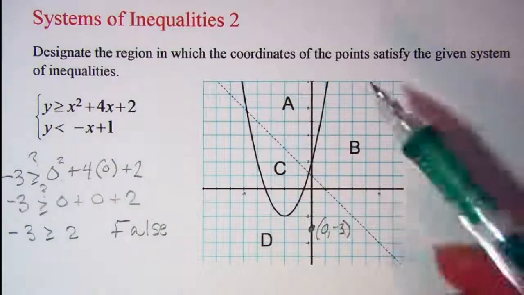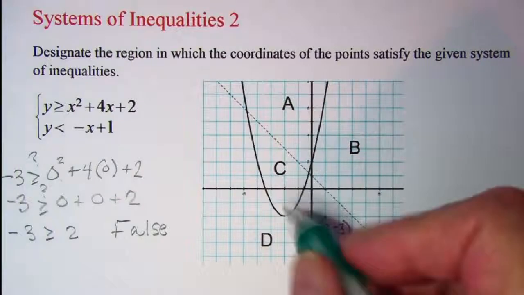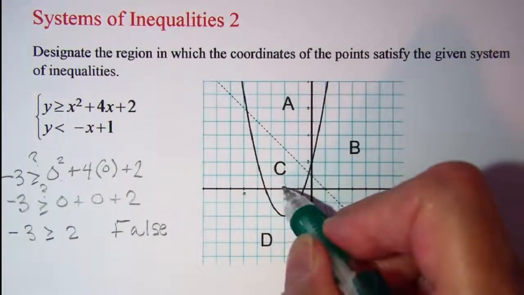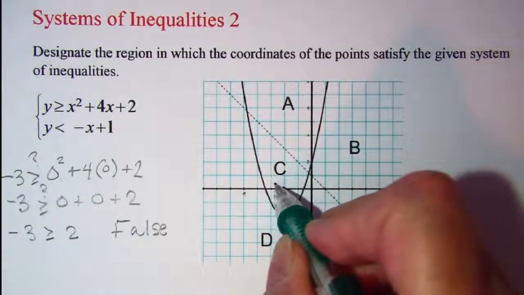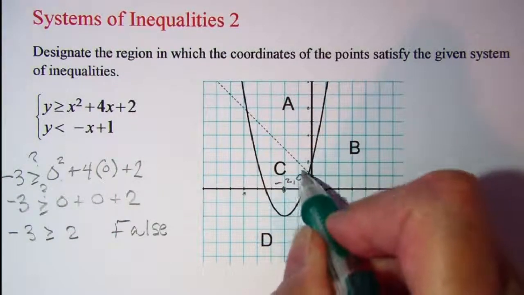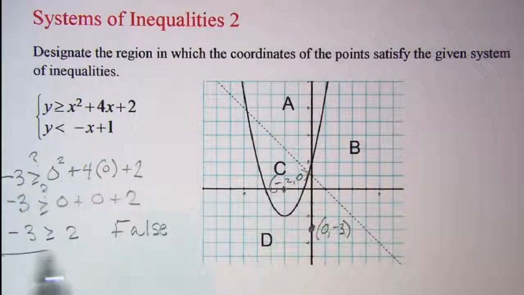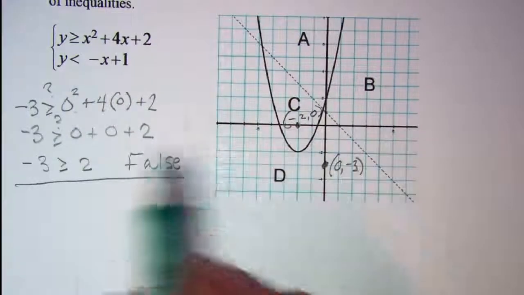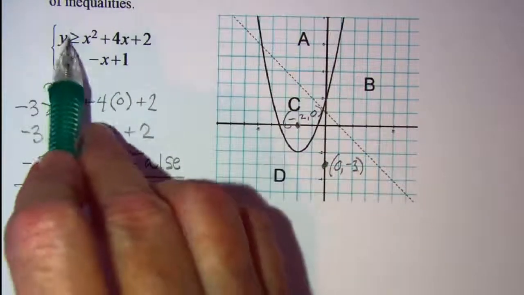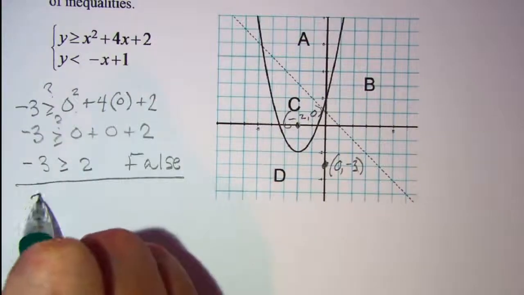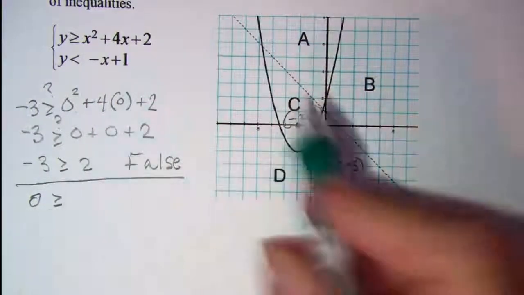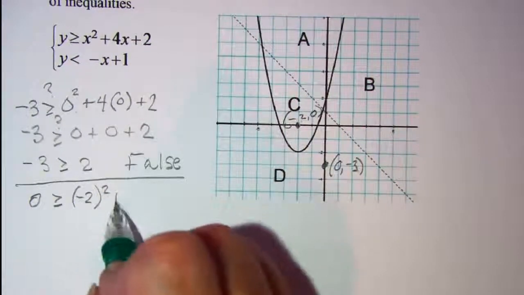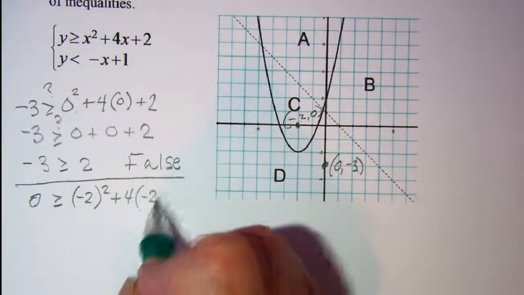So let's pick negative 2, 0. And see, since it is also below the line, but this time it's inside the parabola, so negative 2, 0. So my y value is 0. I'll put that in. 0 is greater than or equal to negative 2 squared plus 4 times negative 2 plus 2.